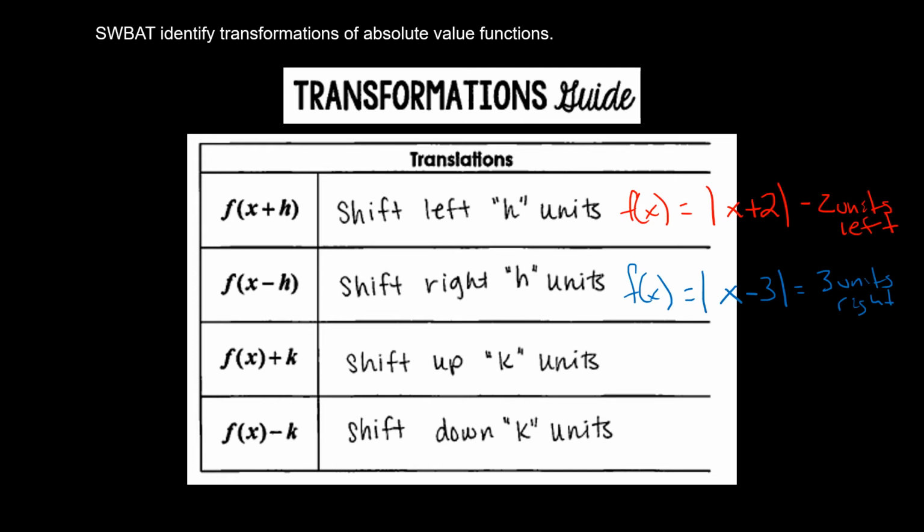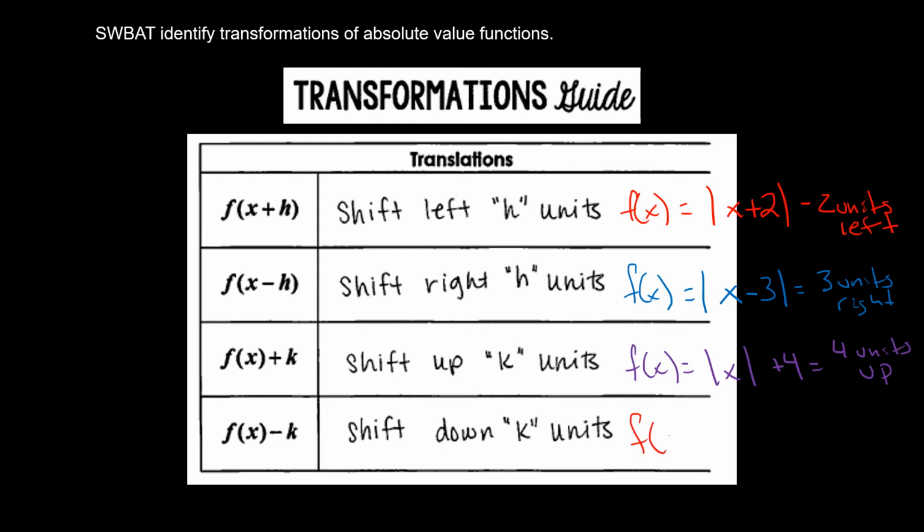Okay. For the next case, if I see the absolute value of x and I have some plus 4 on the outside, this is going to be a shift up. So we'd say 4 units up.